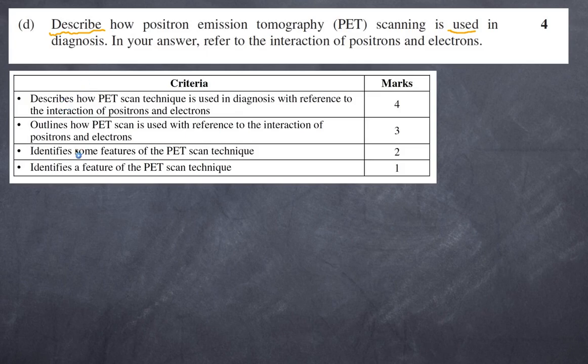So what would an answer look like? Well, first of all, PET scans are about the use of radiopharmaceuticals, which of course produce positrons. But why do we want to use them? Because we're interested in looking at metabolic processes. In other words, PET scan is all about function or functional information.